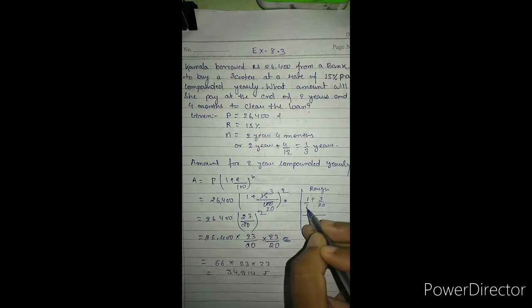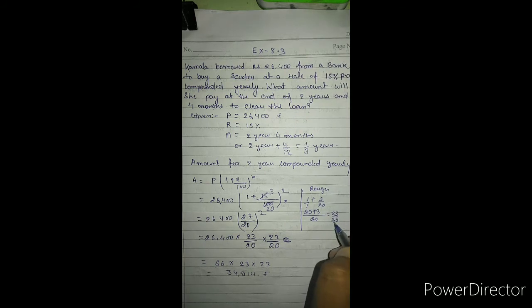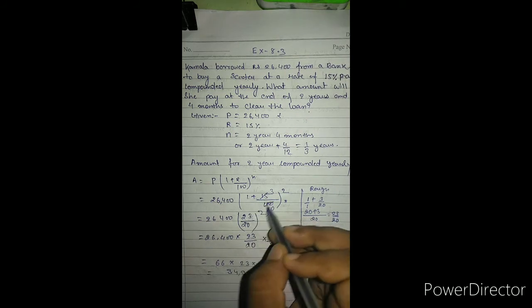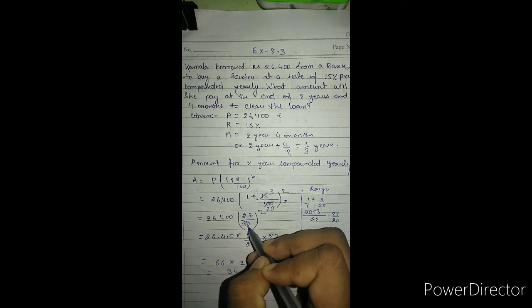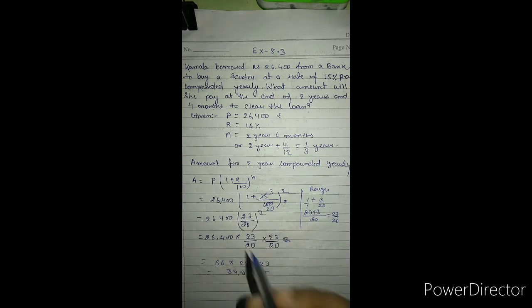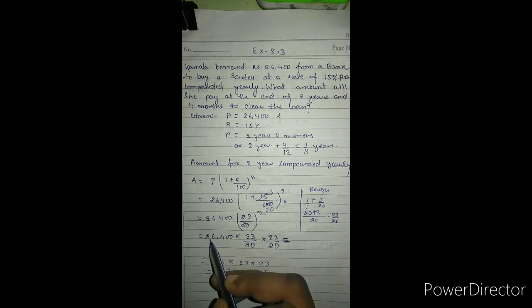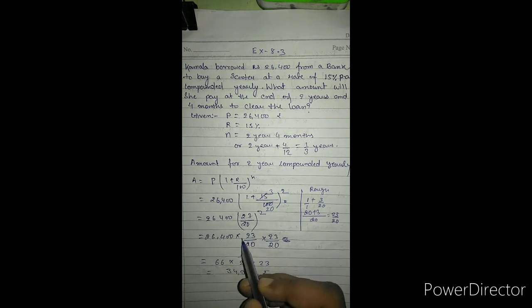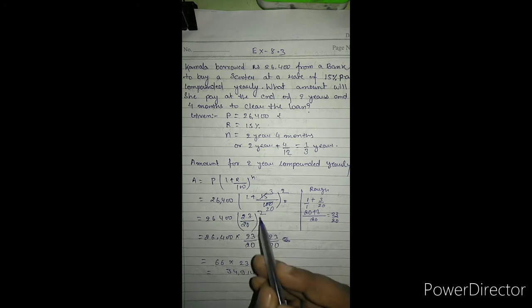When you divide 20 by 1, you will get 20. 20 into 1, 20 plus 3, it becomes 23 by 20. So you will get 23 by 20 to the power 2, or you can say the square. So here 26,400 into 23 by 20 into 23 by 20, because of this square.